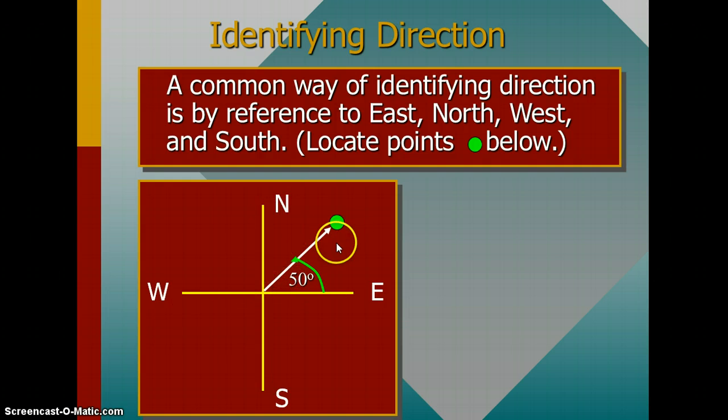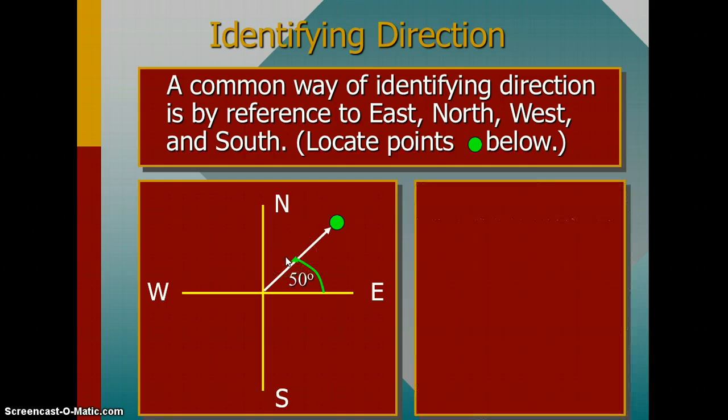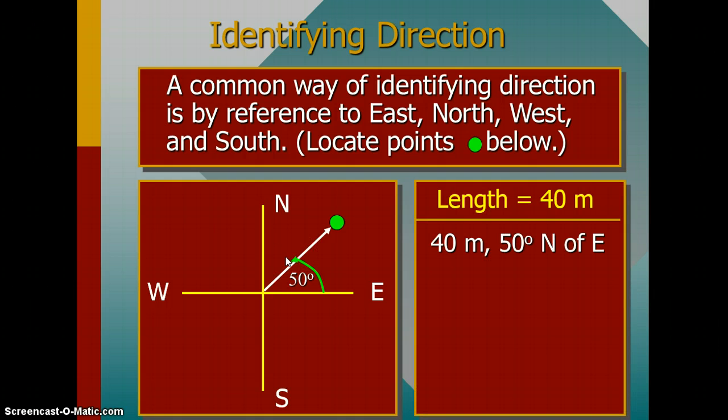So it goes northeast 50 degrees. So the length of this vector is 40 meters, and it goes 40 meters, magnitude, 50 degrees, direction, which is the northeast, okay?